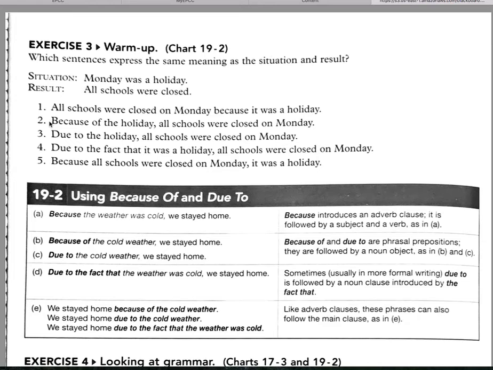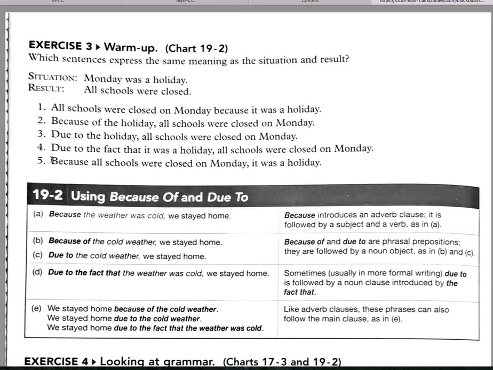That is a yes. Number 3. Due to the holiday, all schools were closed on Monday. Yes or no? Yes. Number 4. Due to the fact that it was a holiday, all schools were closed on Monday. That is also a yes.